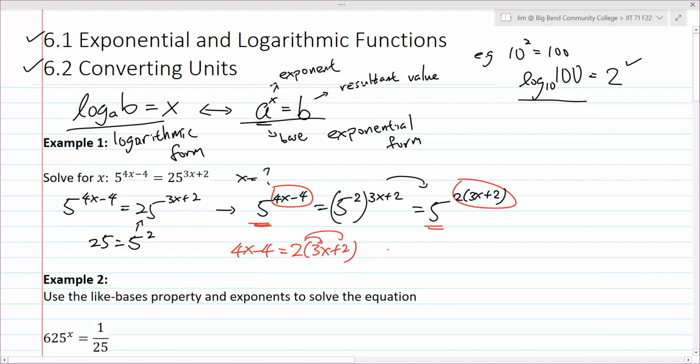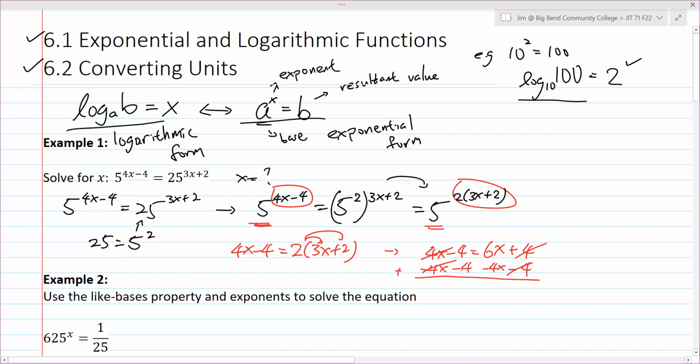Expand the right-hand side, then you have 4x minus 4 equals 6x plus 4. If you take off 4x on both sides, and you also take off 4 on both sides of the equation, then you add both lines.